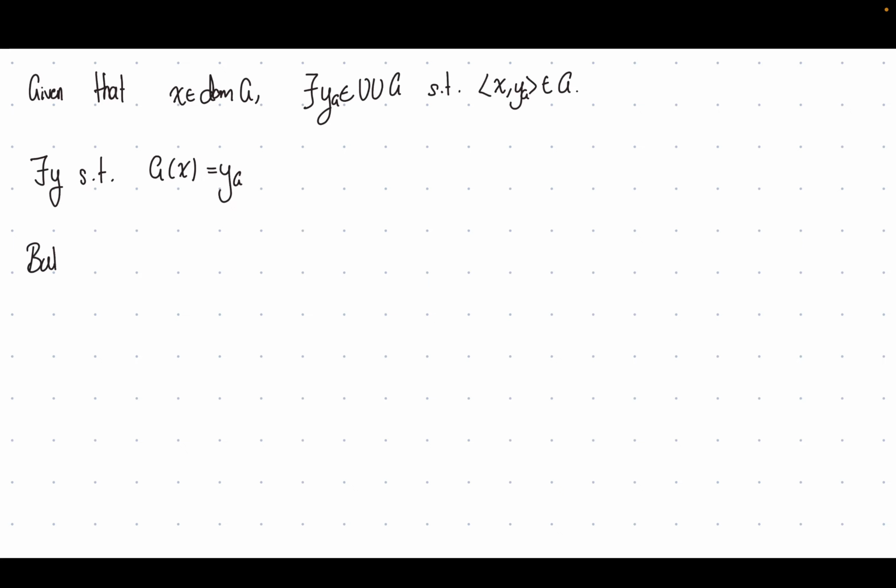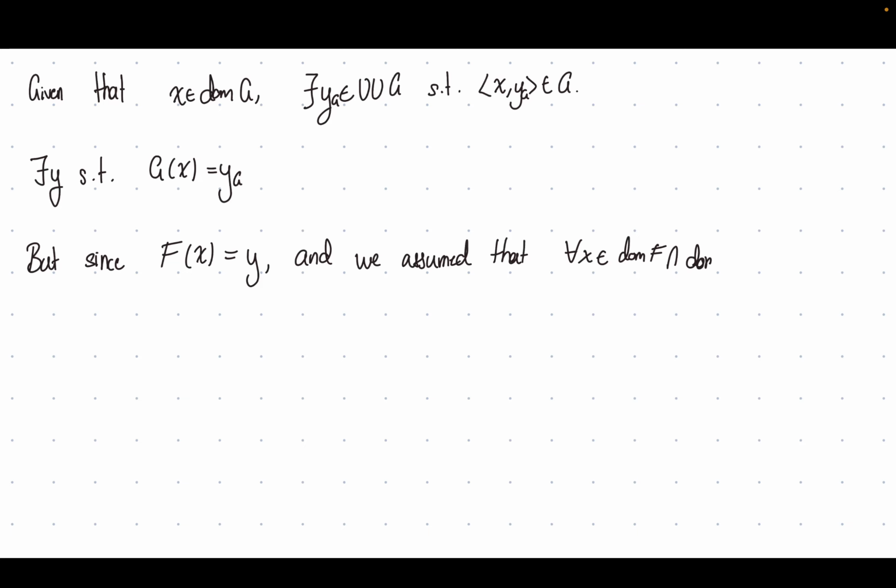But since f of x is equal to y, and we assumed that for all x in the common domain, which I'm going to define as domain f intersect domain g, f of x is equal to g of x, then y sub g is equal to our original y.